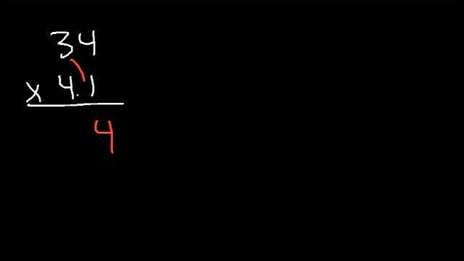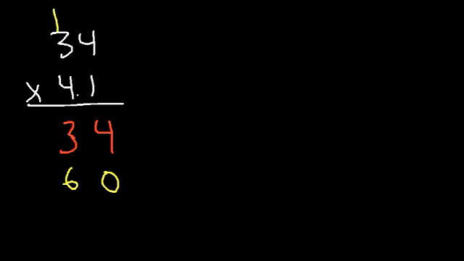Now we can also multiply it this way. 34 times 4.1. So 1 times 4 is 4, and 1 times 3 is 3. So we need to add a 0, and then 4 times 4, that's 16.